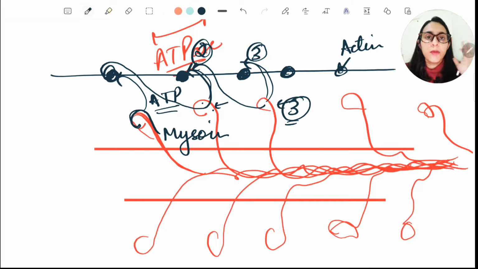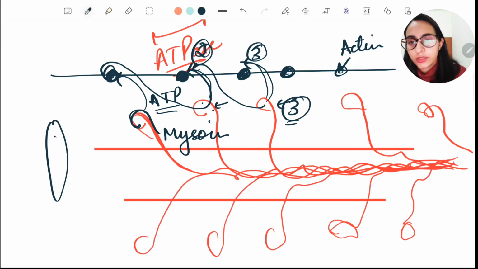There is going to be the coming together of the Z lines in a sarcomere, and this is how muscle contraction takes place. This is the real mechanism. So if you have seen a boat in Kerala, the people row together.